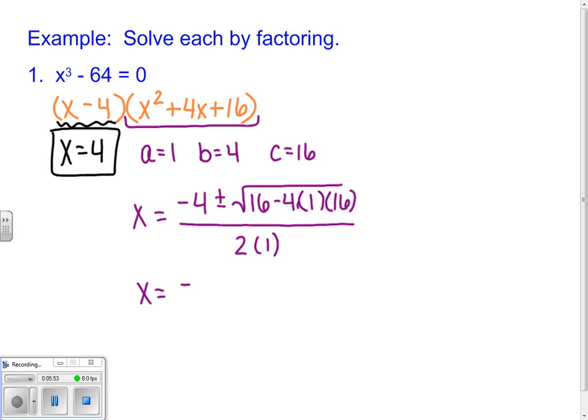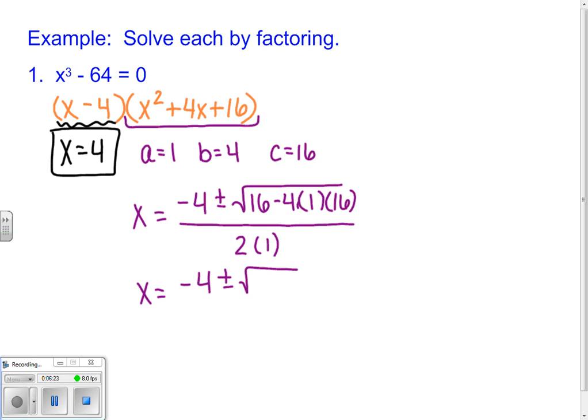So if I pretty this up, I get negative 4 plus or minus the square root of 16 minus 64. You can type that right into the calculator the way that you see it. The calculators in class or their blue equivalent actually do a really good job of that for you. So if you type it in just the way you see it, you end up with a negative number. So take a second, make sure you're okay with that.